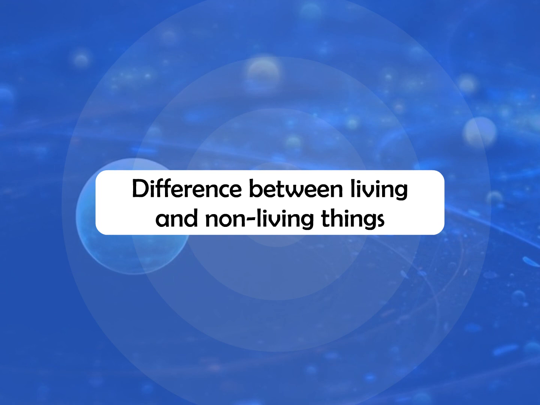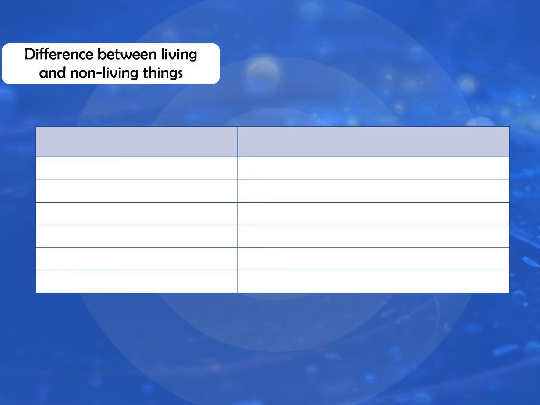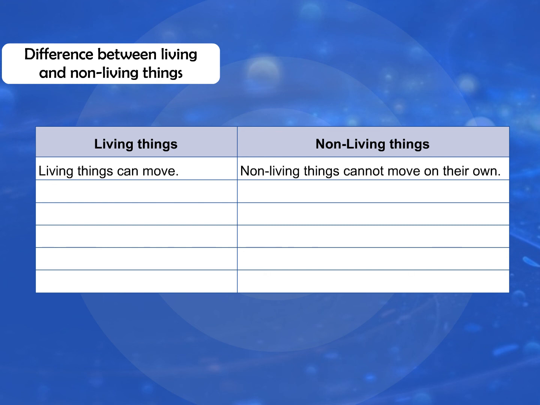Difference between living and non-living things. There are many differences between living and non-living things. Living things can move. Non-living things cannot move on their own. Living things grow. Non-living things do not grow.